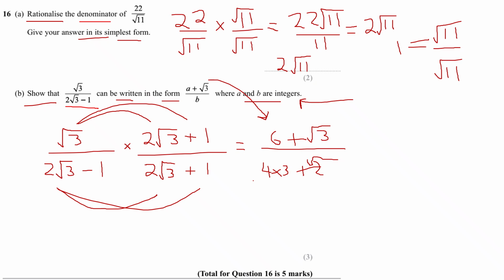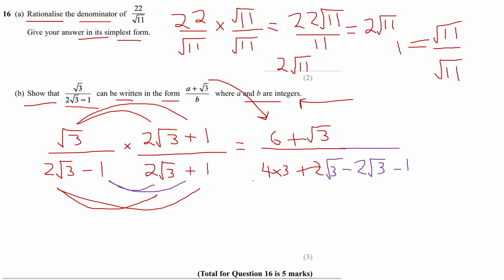Sorry guys, apologies about that. Then I have minus 1 times 2 root 3 makes minus 2 lots of root 3. And then finally, I'm going to have minus 1 times plus 1, which makes minus 1 or negative 1.